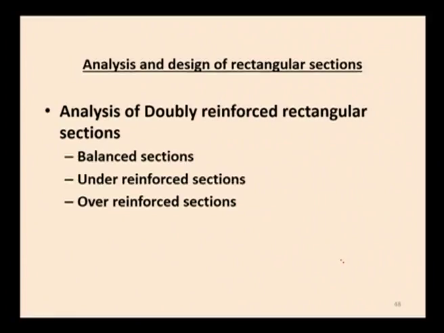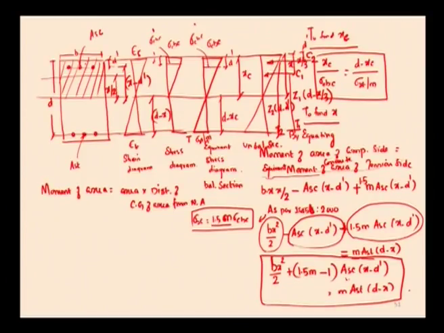In this we have started analyzing the doubly reinforced rectangular section. In this also we have three sections: balanced section, under reinforced section and over reinforced section. This is the rectangular section which is reinforced in both the tension as well as compression zone. The area of reinforcement of the tension zone is AST, and the area of reinforcement of the compression zone is ASC. So, here AST is normally AST1 plus AST2.